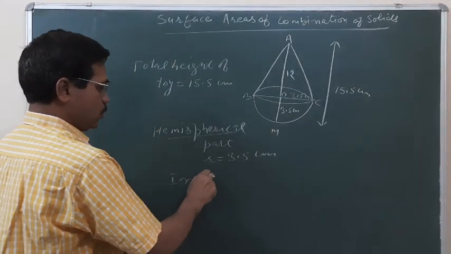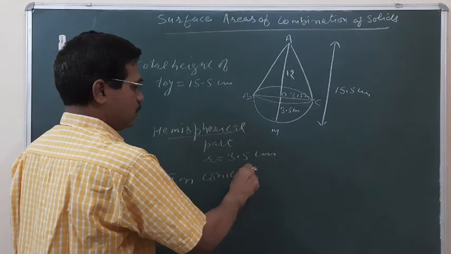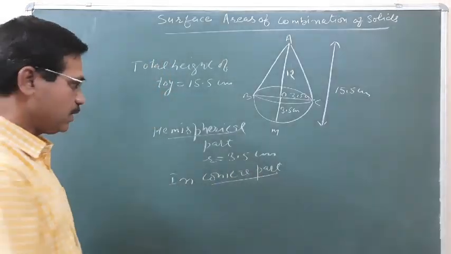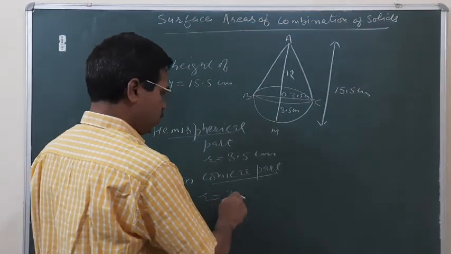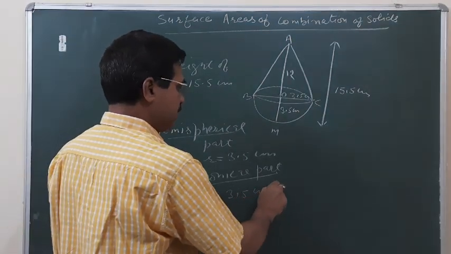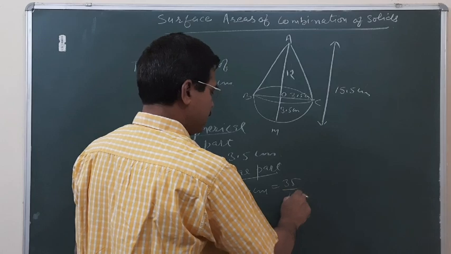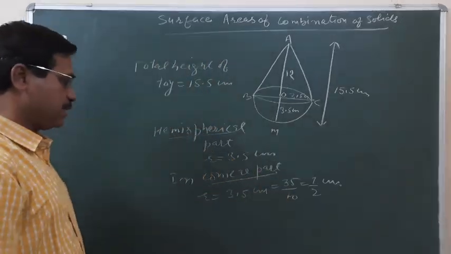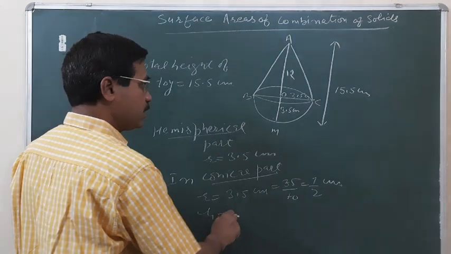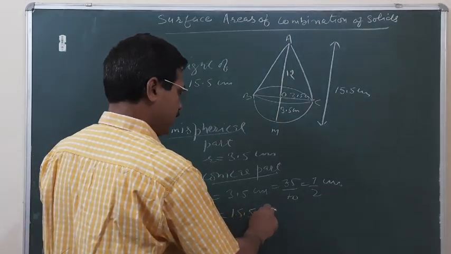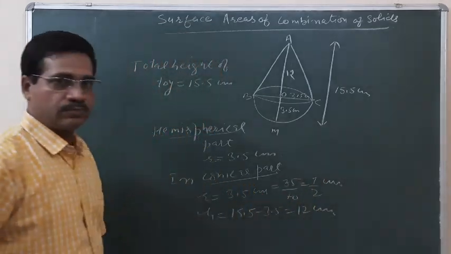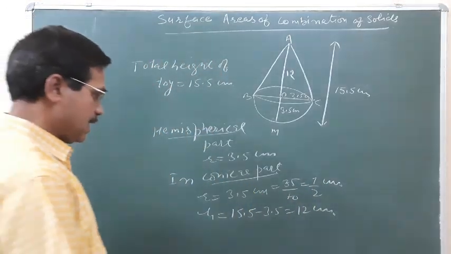In the conical part we have radius also 3.5 centimeter, which is equal to 35 by 10, which is equal to 7 by 2 centimeter, and h is 15.5 minus 3.5, 12 centimeter. Then find out the value of L.